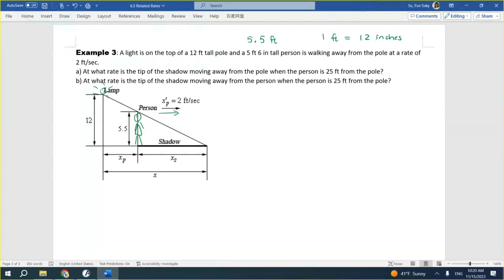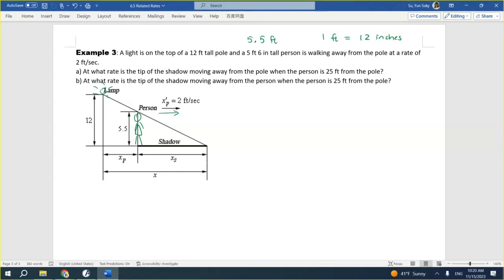And let x be the distance from the pole to the tip of the shadow. Okay, so the speed of the person walking is actually the rate of change of the xp, right? Because your pole is not changing, it stays there. And your person is walking, so your xp is changing, and the rate of change is 2 feet per second.